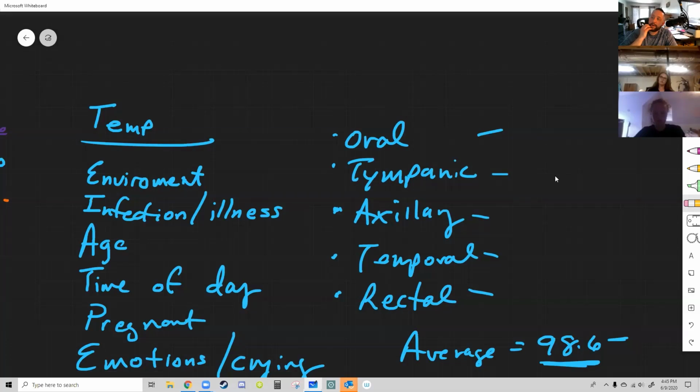If they're having some swelling and increased blood flow in that area, it's going to raise the temperature there, and you're going to get an inaccurate reading. So you'd want to do something different, like an armpit or axillary. You don't want to do rectal on infants younger than a certain age, like I think 1 year or less, because it's dangerous for them. And maybe patients who are in hospice care, you would be taking rectal temperatures to get an accurate one.